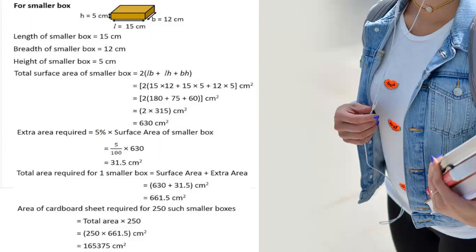Now substituting the values of L, B and H, we get 630 centimeters square. Now the extra area required is 5% of the surface area of the small box. So 5 by 100 into 630, which is 31.5 centimeters square.